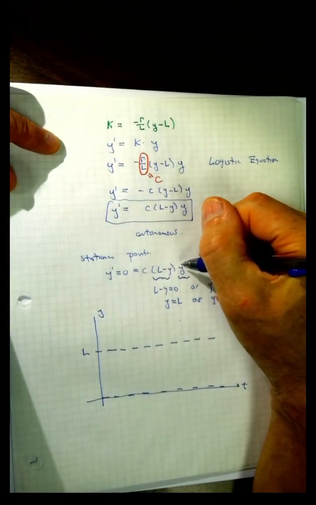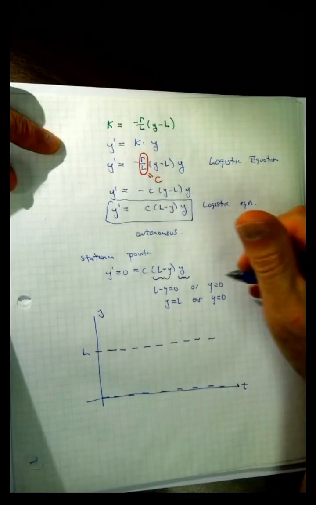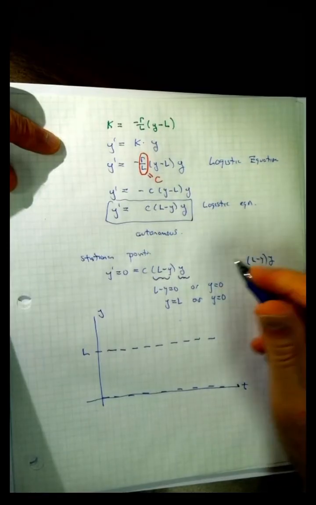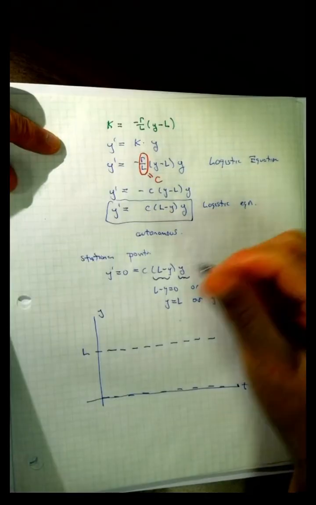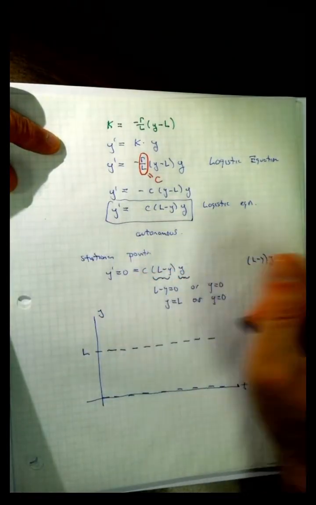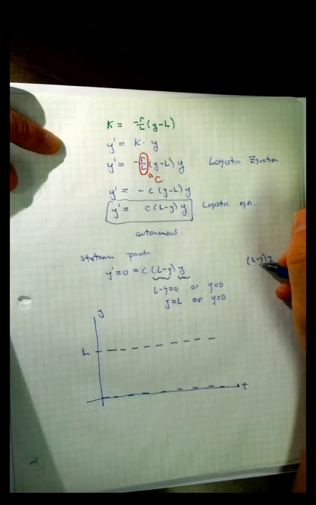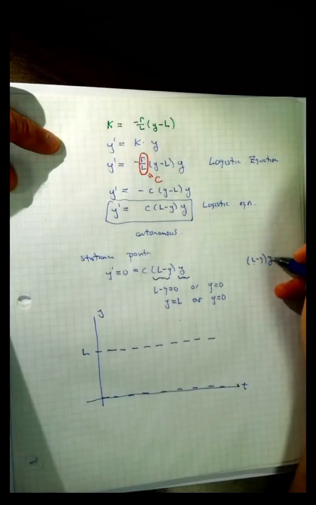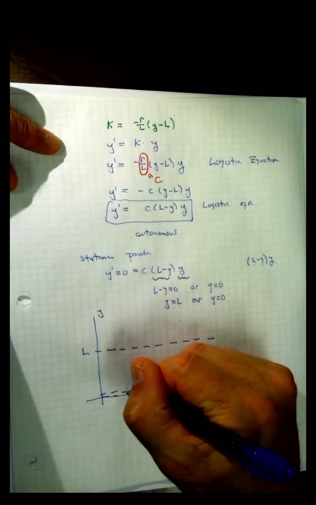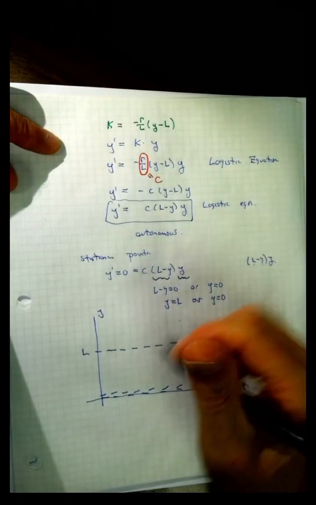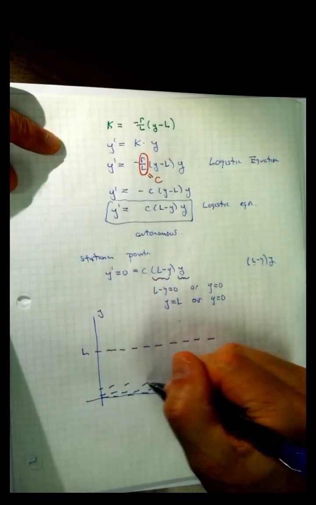If y is a little bit positive, and I'm assuming L is positive, because that's going to be the place where the bacteria or whatever organism is kind of at equilibrium here, then L minus y is positive, so the slope is going to be a little bit positive. And as I get bigger, that slope is going to get bigger.